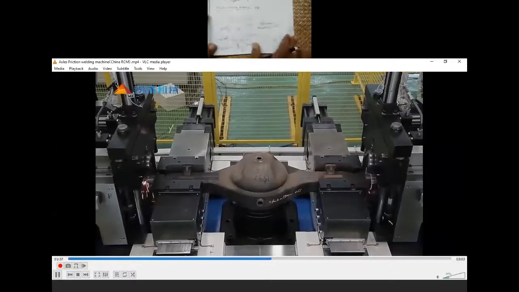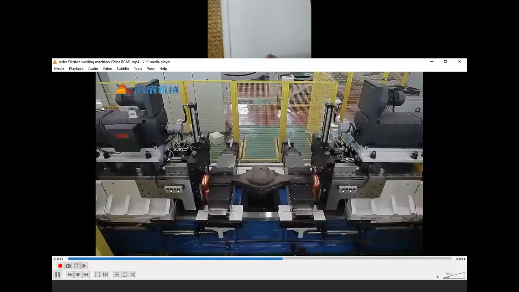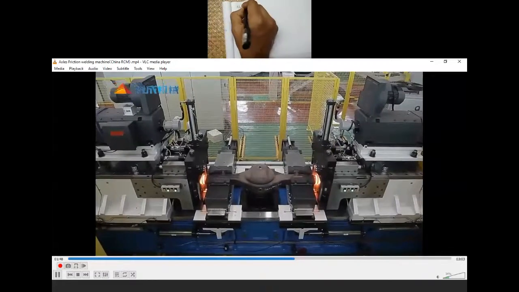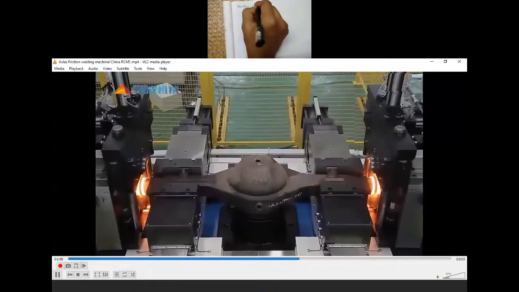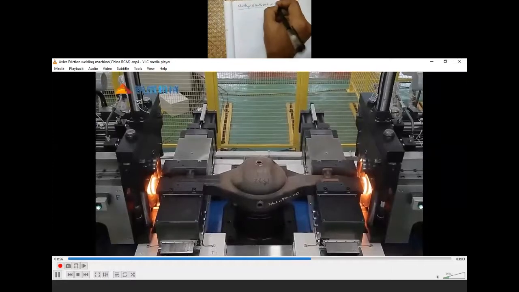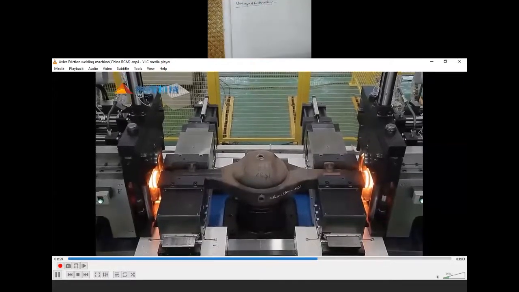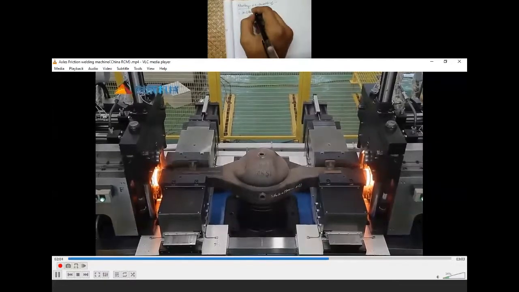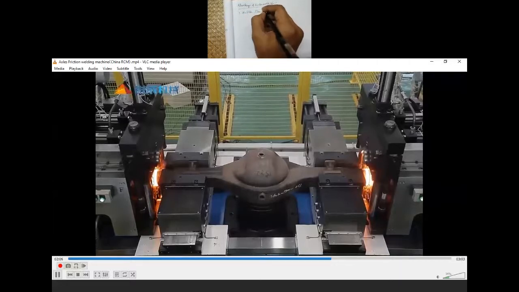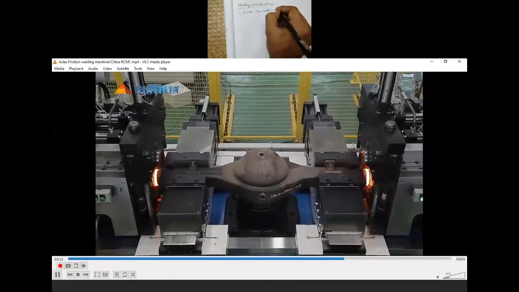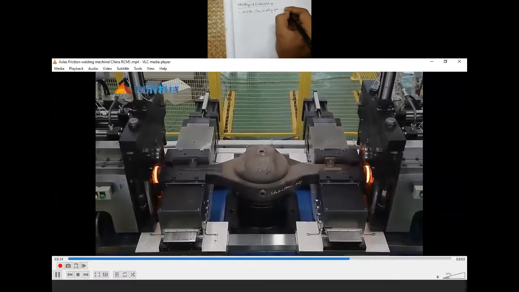Okay, now let us discuss the advantages of friction welding. Advantages: number one, no filler material, flux, or shielding gas is required.